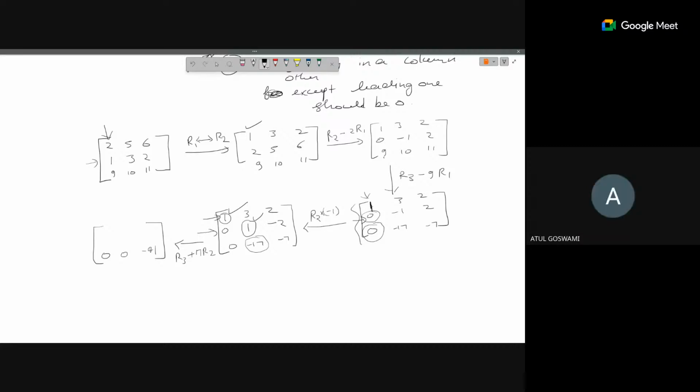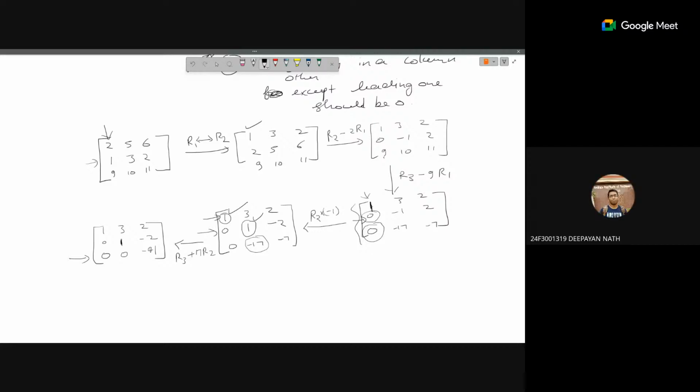So now this is 0, 1, -2, and this is 1, 3, 2. Now this condition is satisfied, that the value below the leading entry is 0. Now what is the leading entry in the third row?